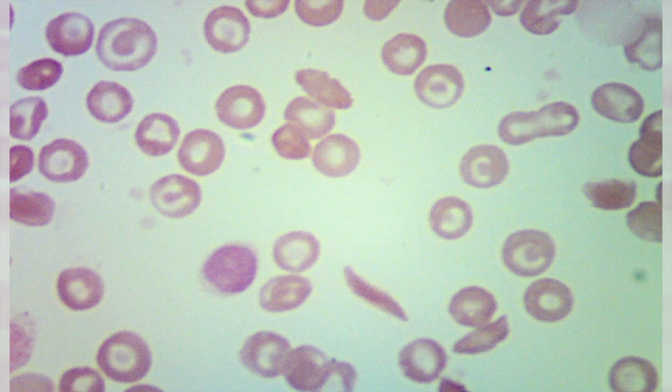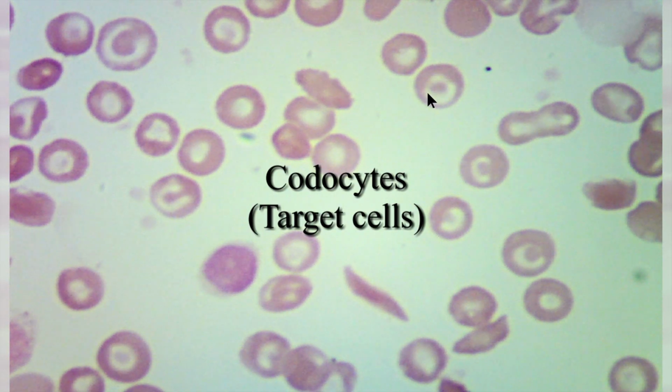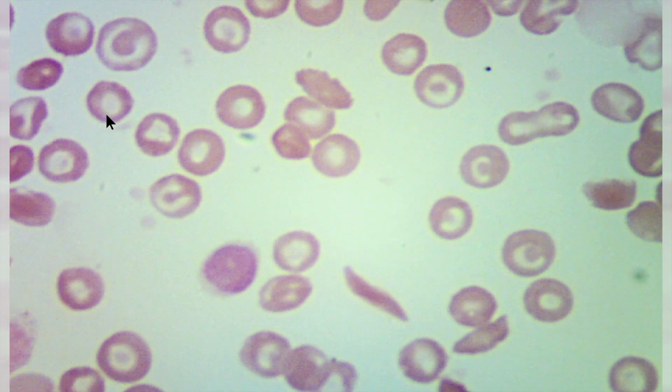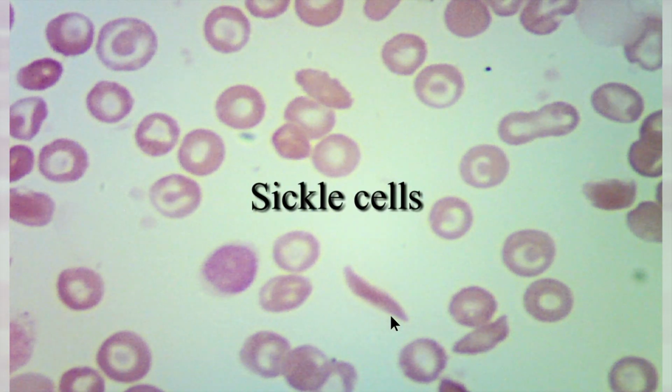damage to the tissue. In this case, you can see on the blood smear there are two unique features that you should note. One, of course, is the presence of a marked number of target cells. And the other one is the presence of these elongated sickle-shaped red blood cells.